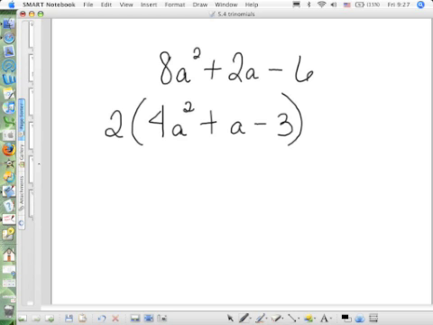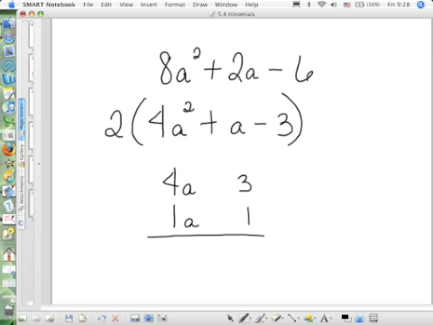Now, the question is, can I take that trinomial that's left and can I break that apart? Well, let's see. Like I said, over time, you will figure this out. Factors of 4a squared are 4a and 1a.